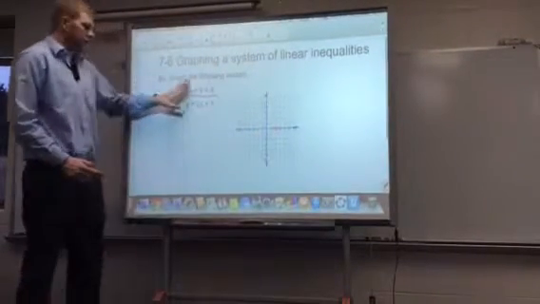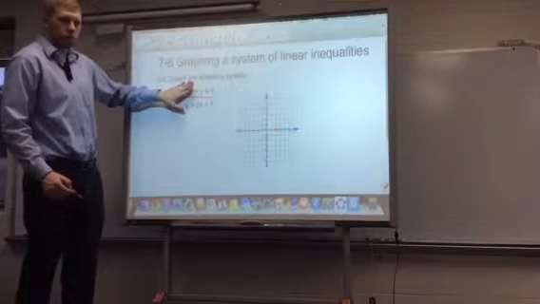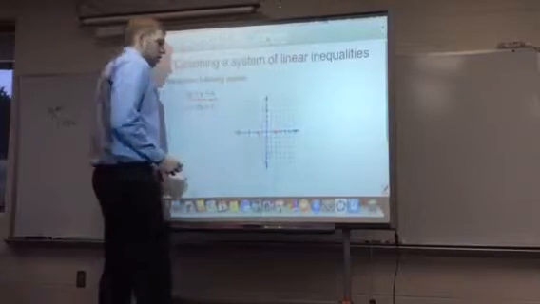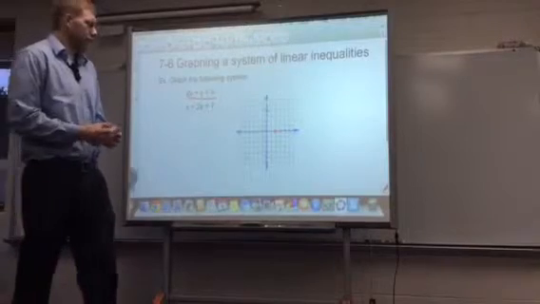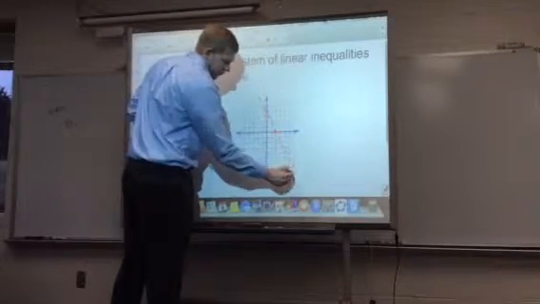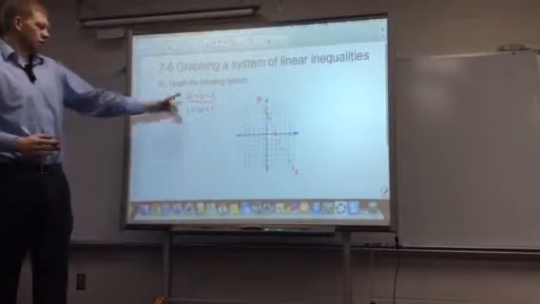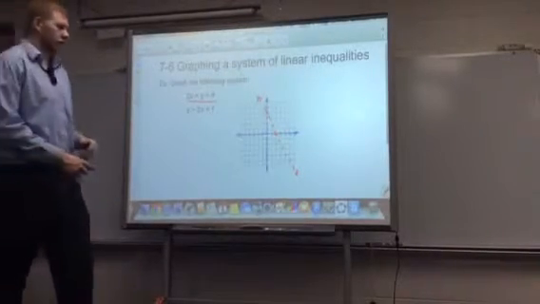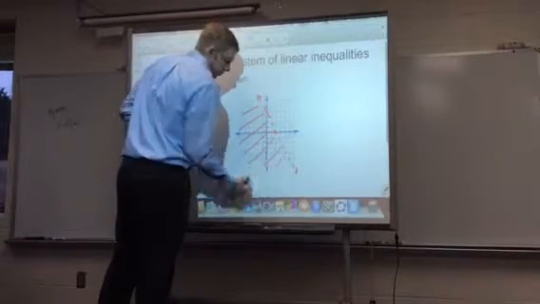Okay, where's my y go? Up 4, yeah. Solid or dashed? Dashed, yeah. Now, which side does the shading go? Is 0 plus 0 less than 4? Yeah. So my shade's going to be down here.